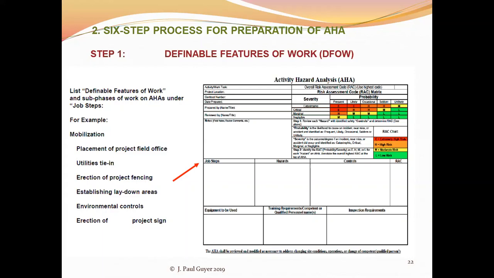And you make your judgments on those two scales, severity and probability, and you look at the color chart and you decide, yes, this is red, so that's extreme, and so that's what you enter in the risk assessment code box for the steps, and then also the overall risk assessment code in the upper right-hand corner for the overall activity or work task.